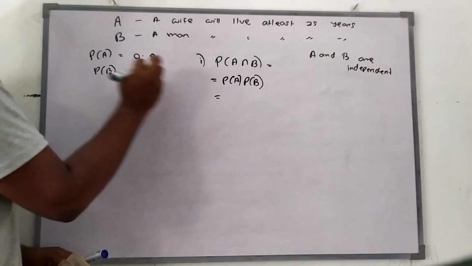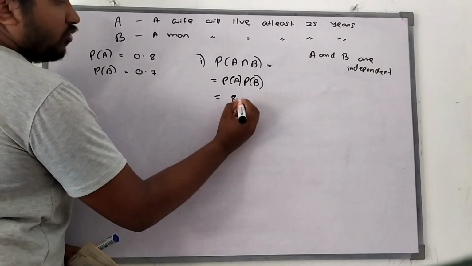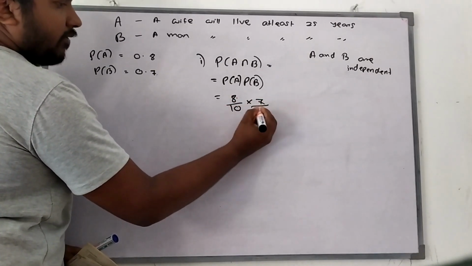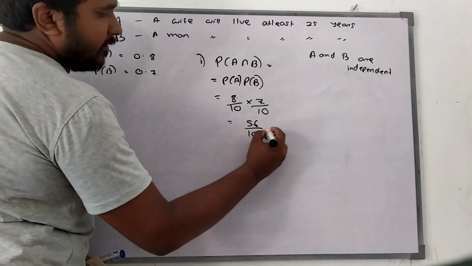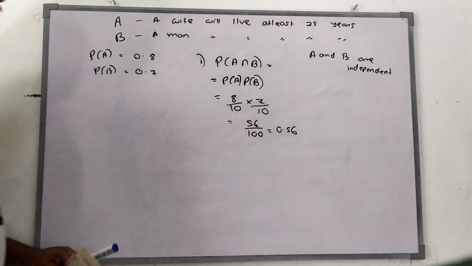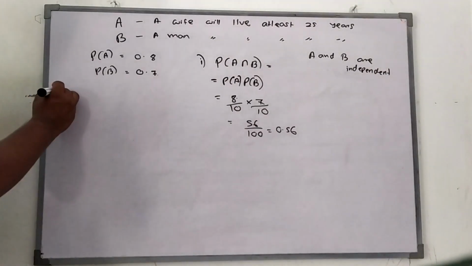P(A) is 8 over 10, P(B) is 7 over 10, so 56 over 100, 0.56. This is the answer to the first question.